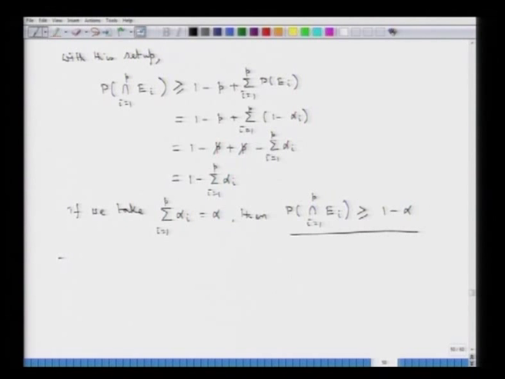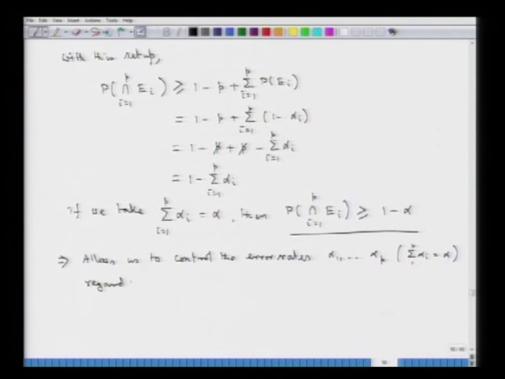So, this will imply that this allows us to control the error rates alpha 1, alpha 2, alpha p, with the summation of alpha i, i equal to 1 to p, equal to alpha, which is the desired level of significance.